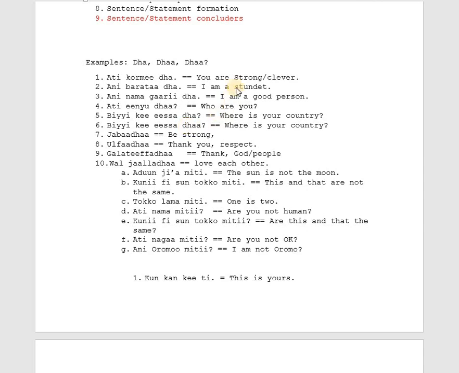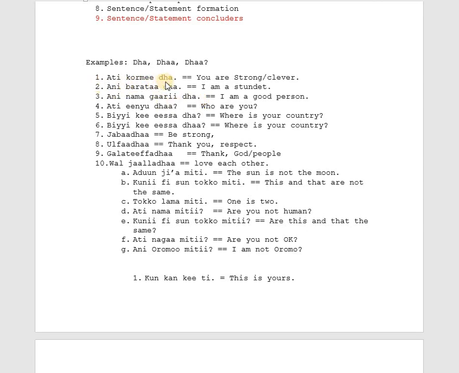So if there is no question, it is a statement then, or a sentence. Here I'm looking at these three different scenarios: one short, one long, with a question mark. As you can see, these are three different things in speaking Oromo language. So let's go through them one by one.